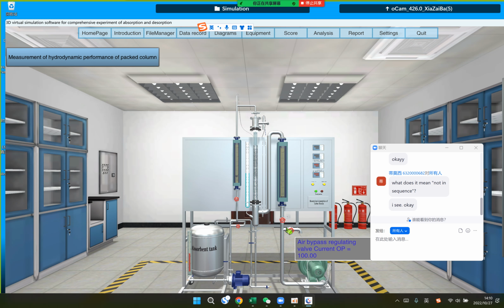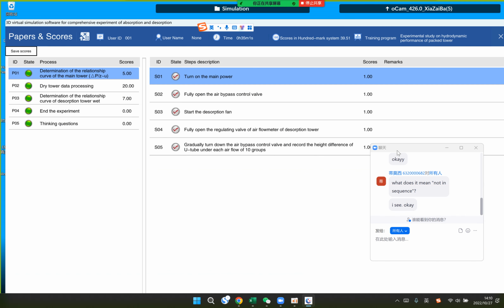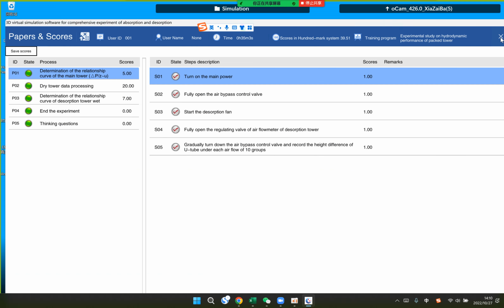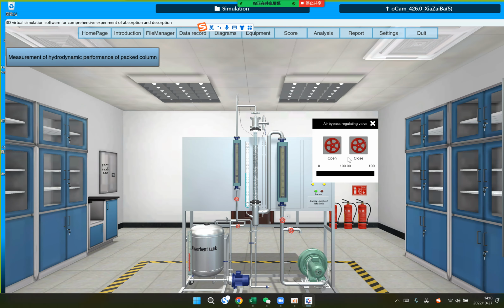Increase the velocity in the system for the air from minimum to maximum. Okay, so I think we close this one first. Maybe that's okay.